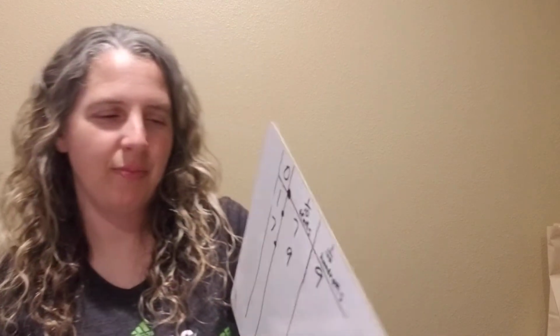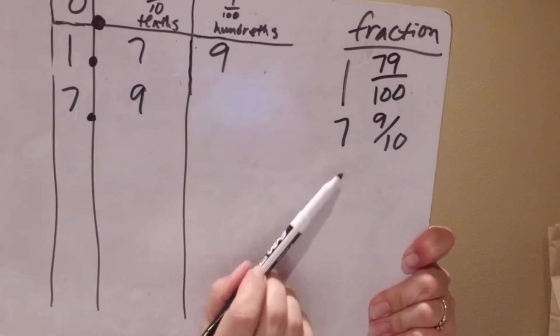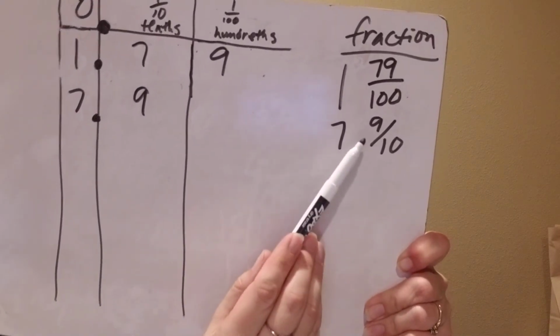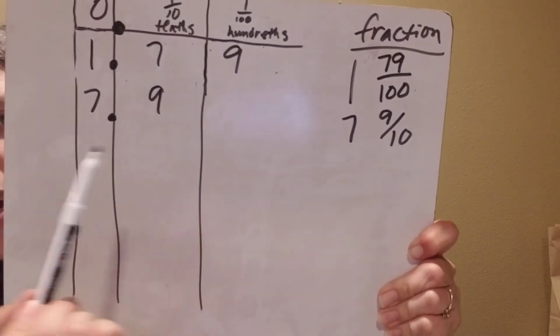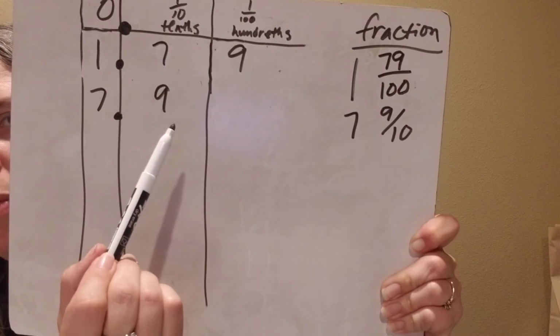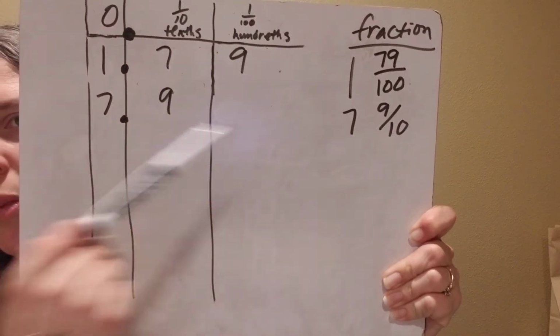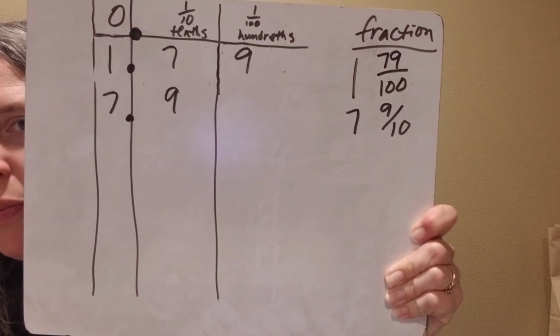Now write it as a fraction. Read that. 7 9/10. It's the exact same thing. Do you see how the mixed numbers and the decimals really are the same? Okay, one more. Let's try.